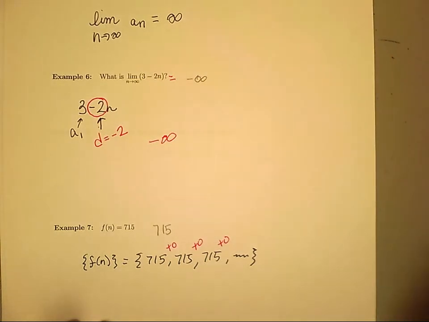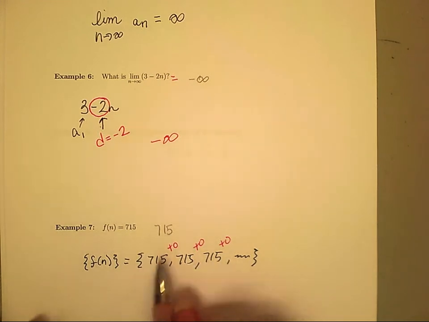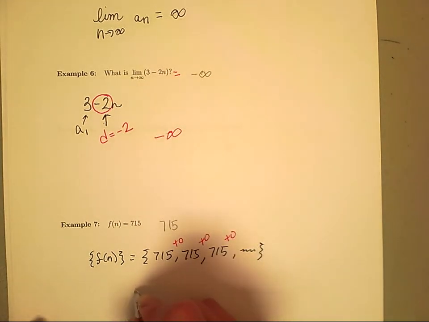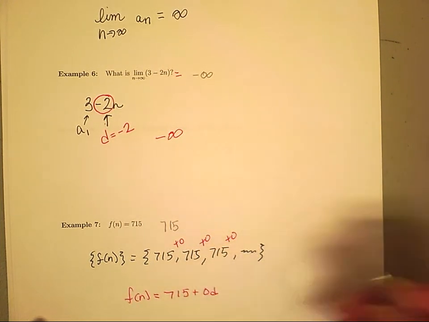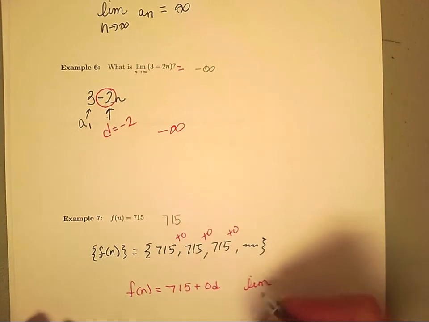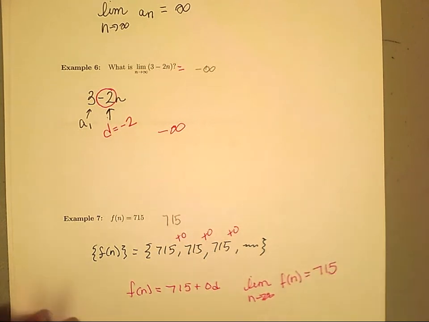So if you look at as n goes to infinity, this is just going to stay at 715, which is the first of the sequence. So f of n could be written as 715 plus 0 times d. The limit as n goes to infinity of f of n is just equal to its first term, 715.